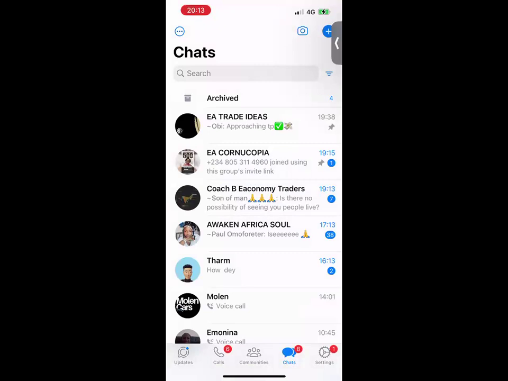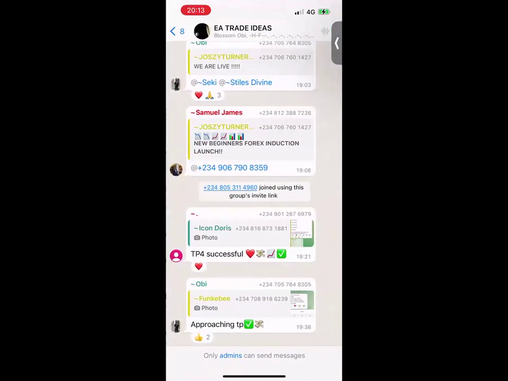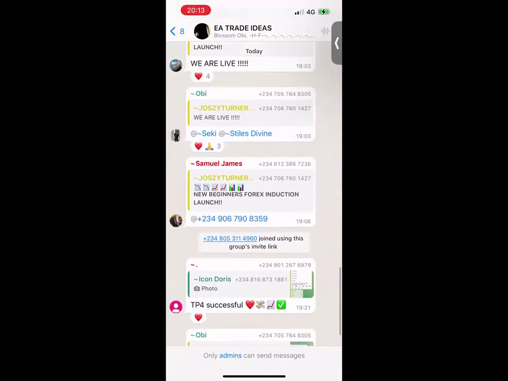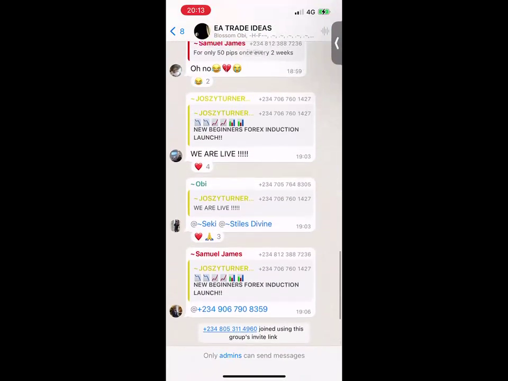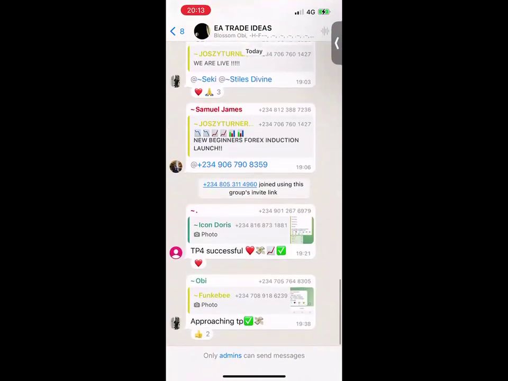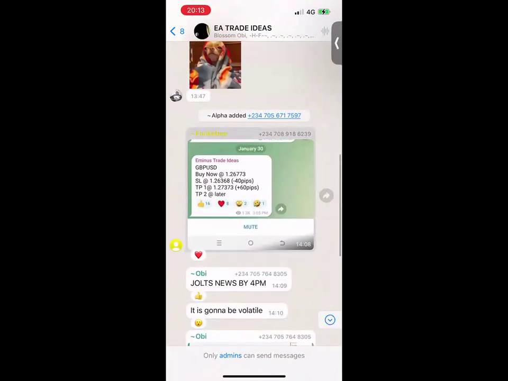Okay, so EA trade ideas. This one that says approaching TP, let's take that one. Click on it, so it takes us to the idea.